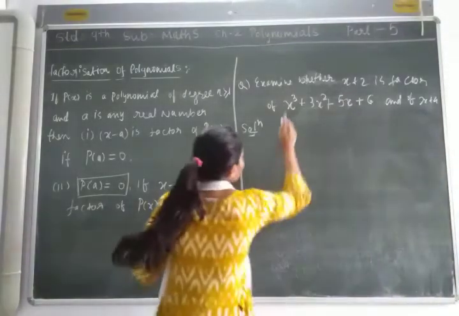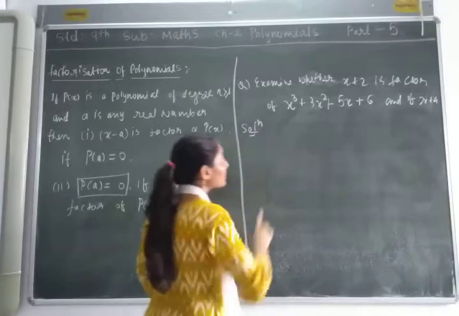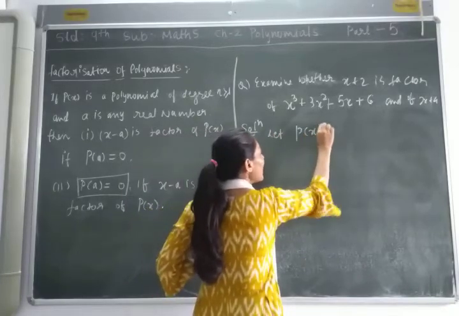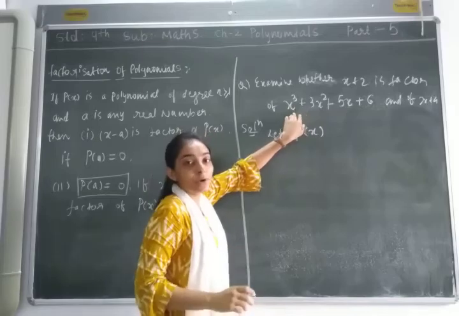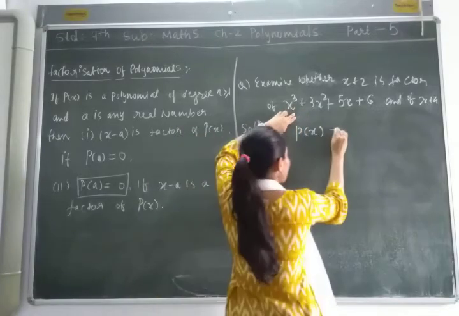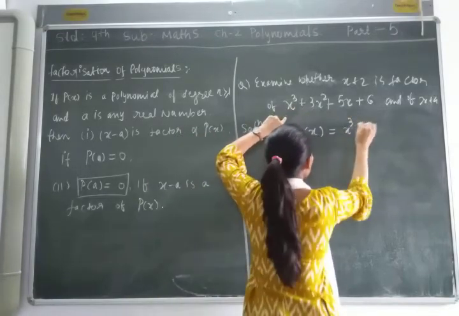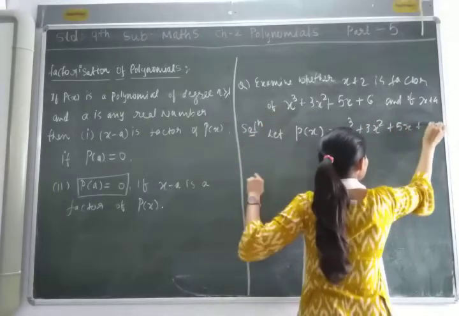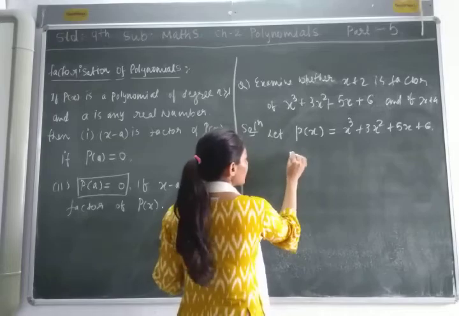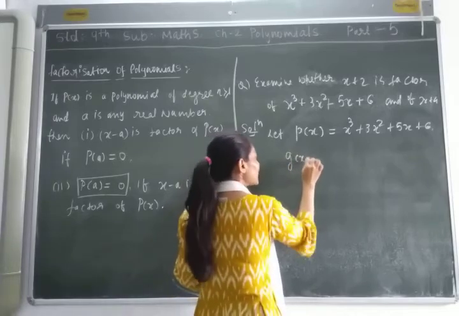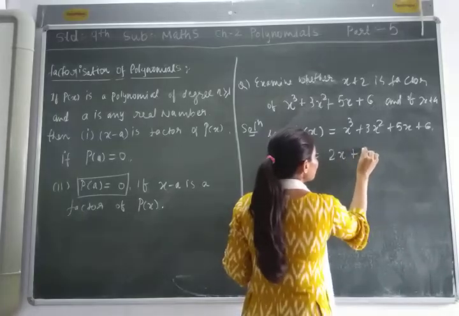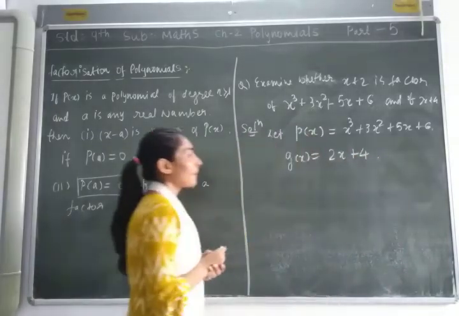So whether x plus 2 is a factor of this polynomial, I'm just giving a name to this polynomial so it's easy for us. So p of x is x cube plus 3x square plus 5x plus 6, and let's say g of x is the other one, 2x plus 4.